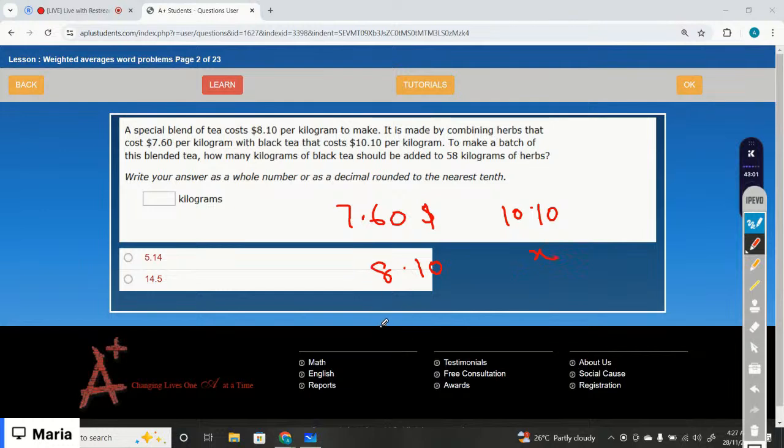Then you have 58 kilograms of herbs, and that is 58 plus x. That is 7.60 times 58, that is 10.10 times x, that is 8.10 times (58 plus x).